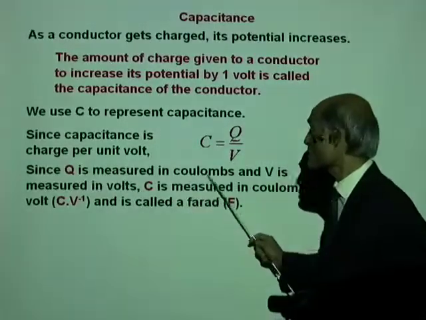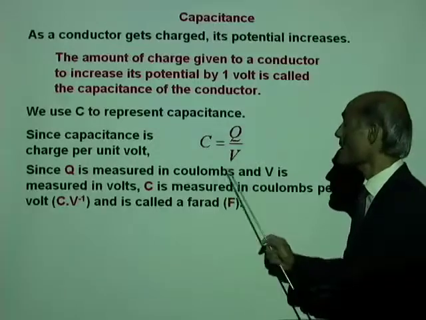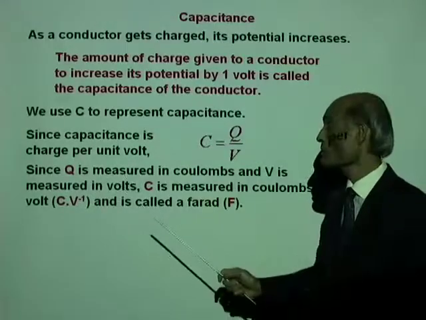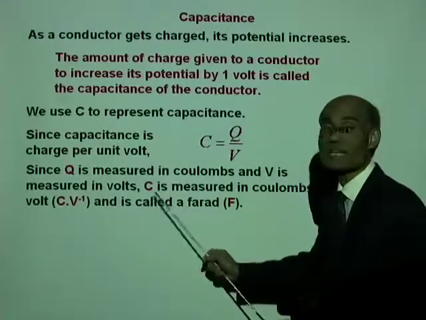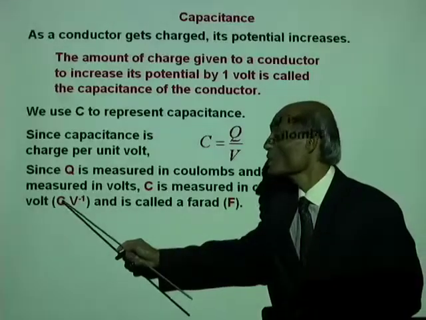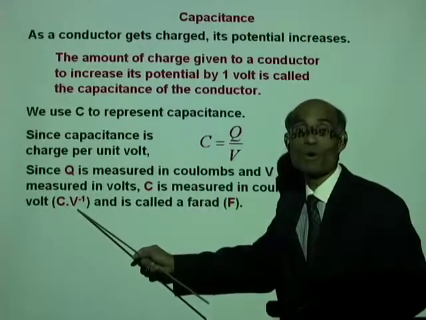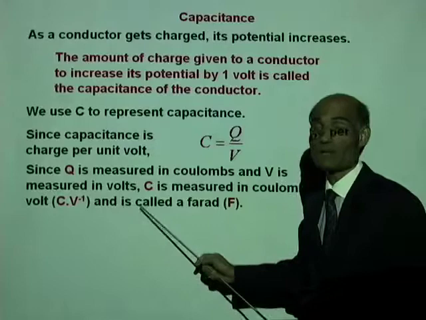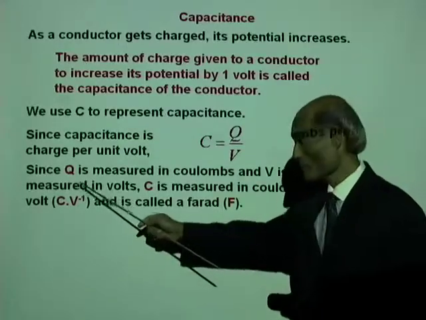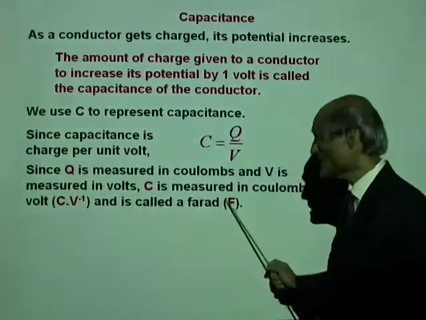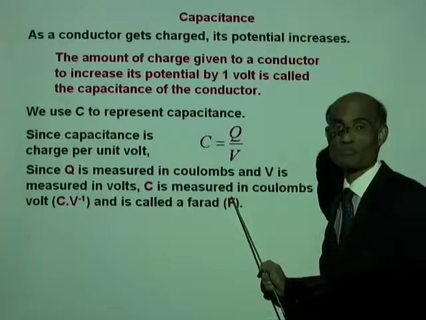Since Q is measured in coulombs and V is measured in volts, capacitance C is measured in coulombs per volt, and it has a name: coulombs per volt is called a farad.